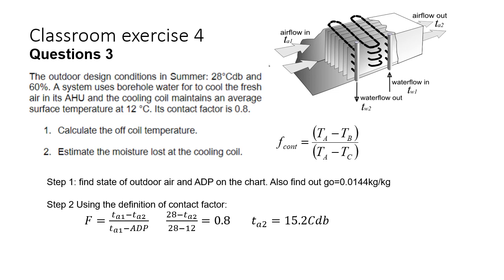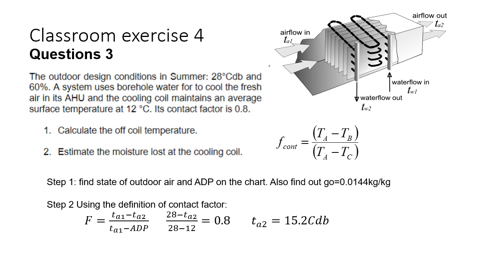TA is before treatment, and TB is after. This is before treatment, and this is the device temperature. So here you have 28 before, and the after is what we need to calculate.